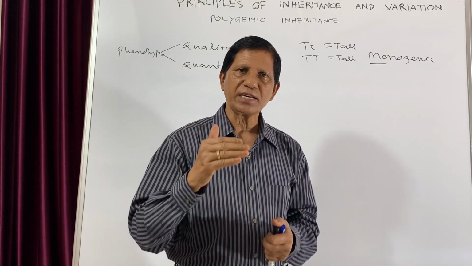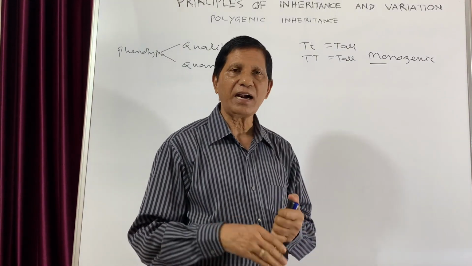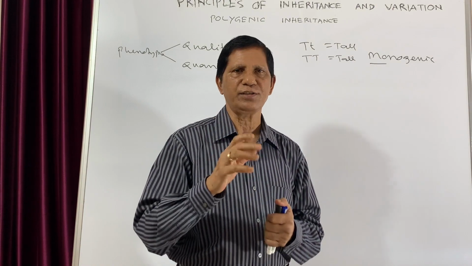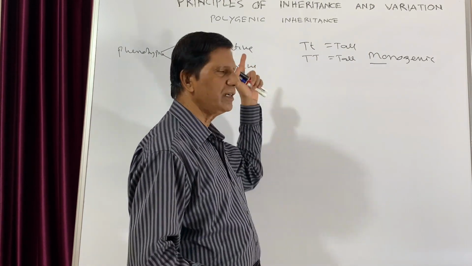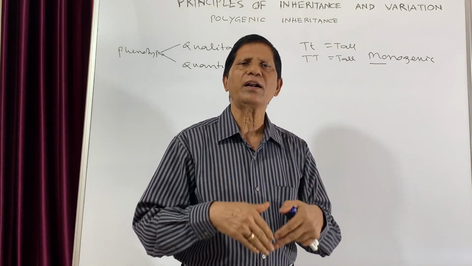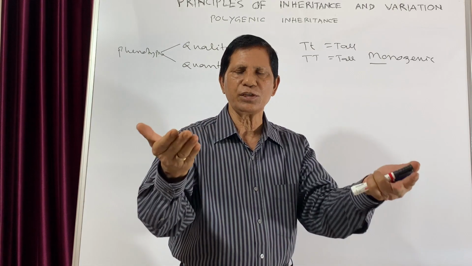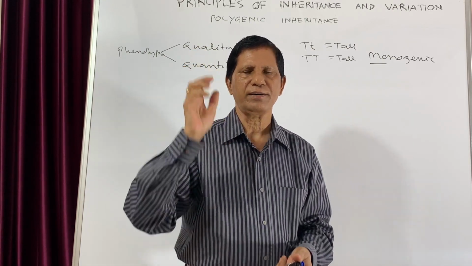Such characters are usually known as quantitative, and they are regulated by several genes. Instead of a single gene, as in the case of qualitative traits, in quantitative inheritance so many genes, or you can say two or more genes, control a particular character.